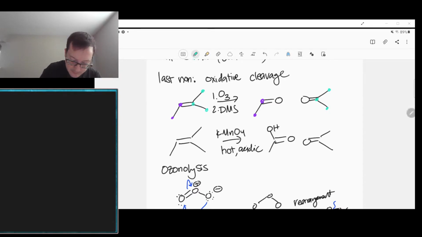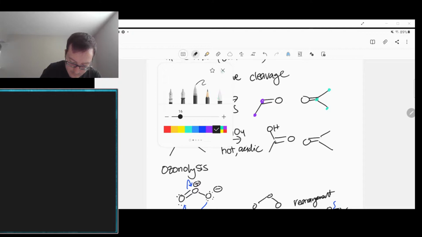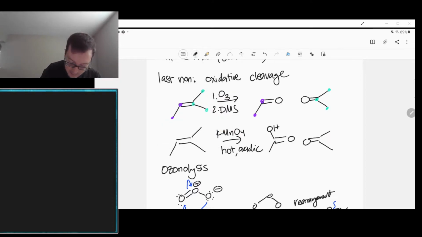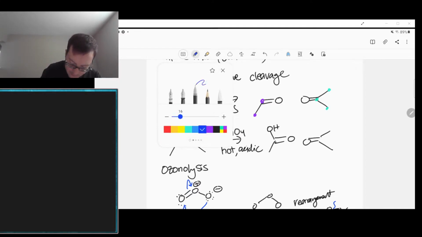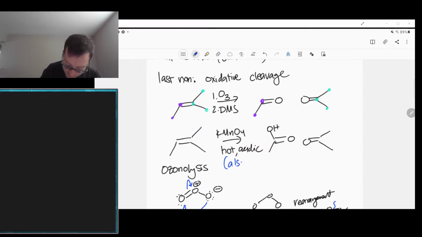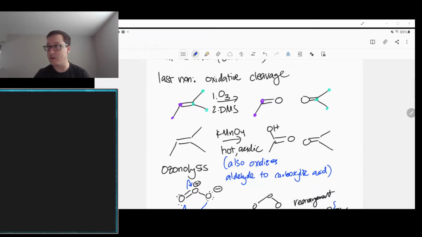I'm going to write it in blue. This also oxidizes the aldehyde to the carboxylic acid. That's something we'll focus on later on.